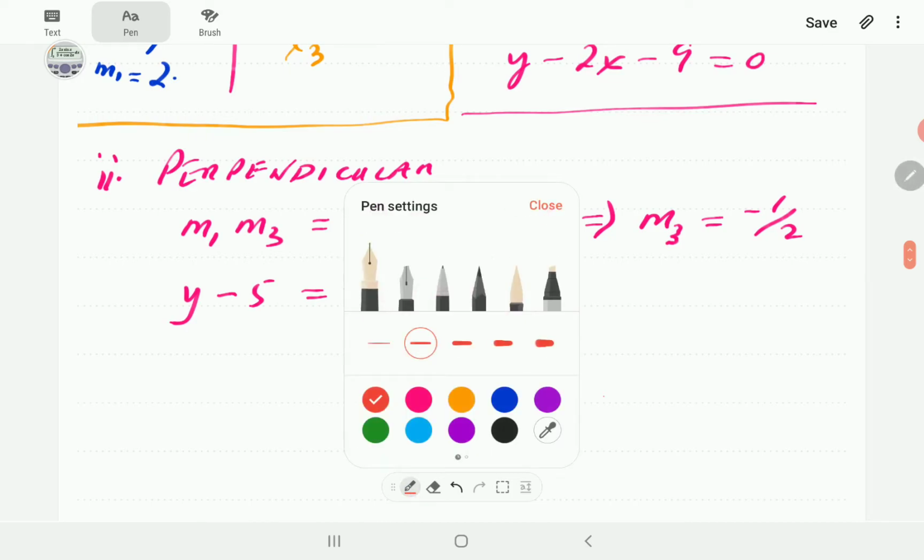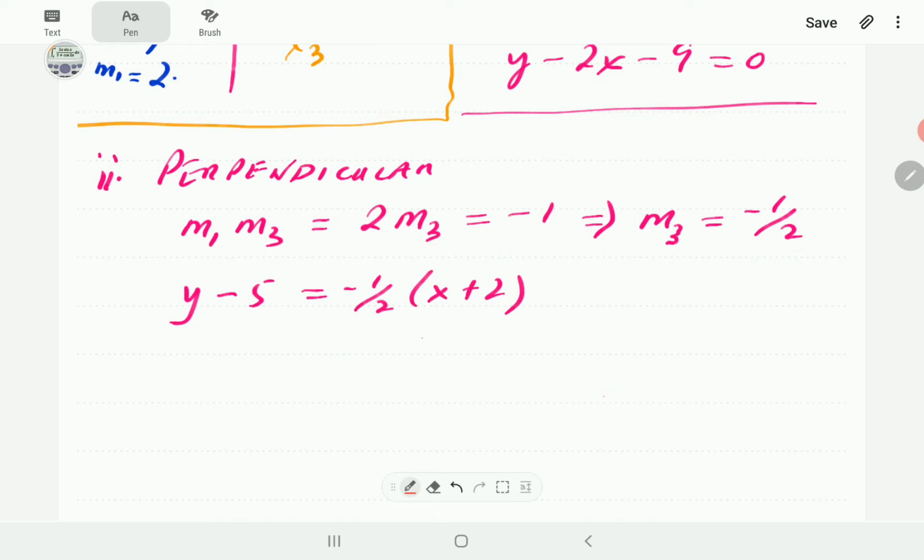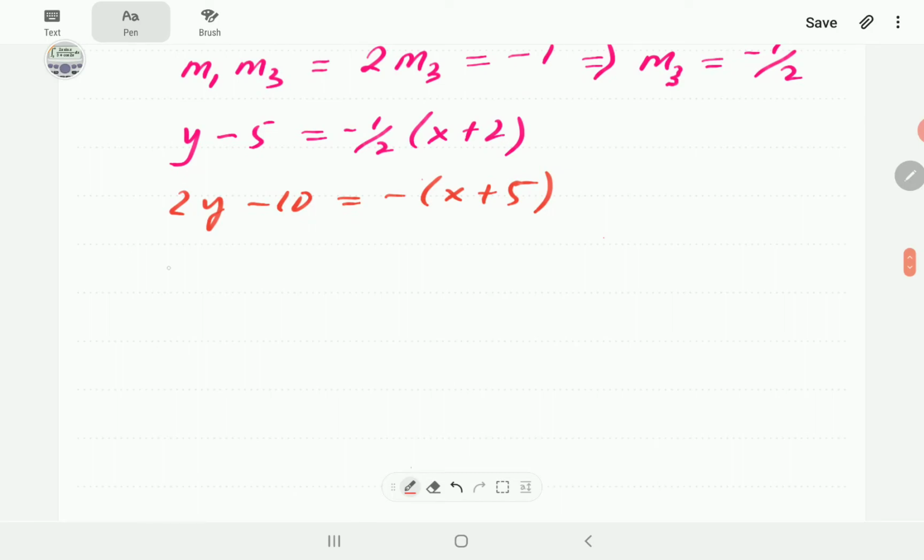And then again here, we are going to multiply everything by 2 so that we don't have to deal with fractions. So this thing is going to be 2y minus 10 equals negative x minus 2.